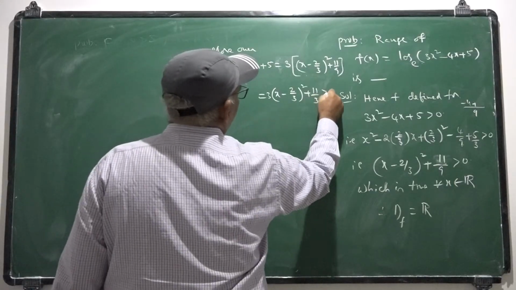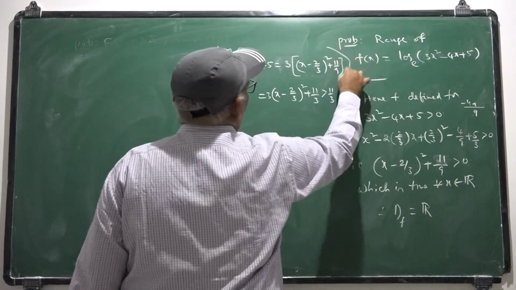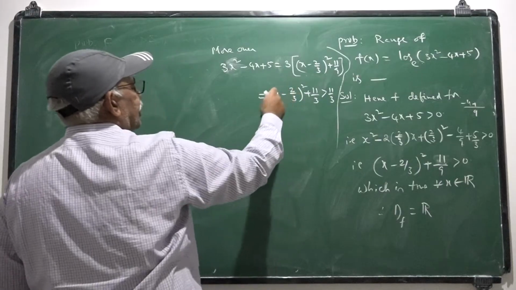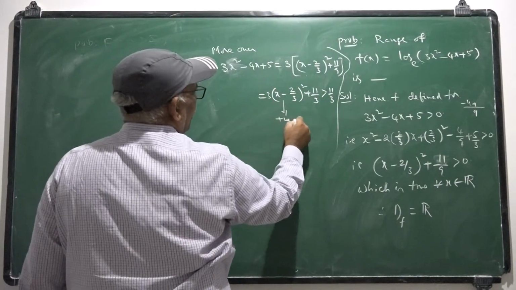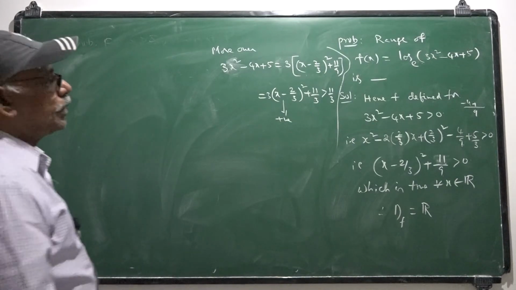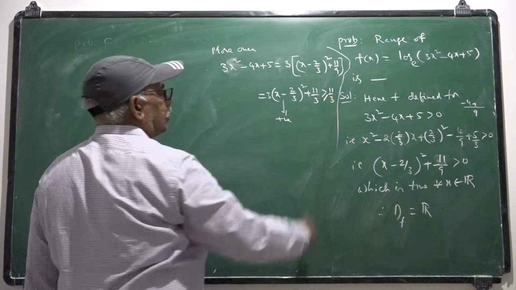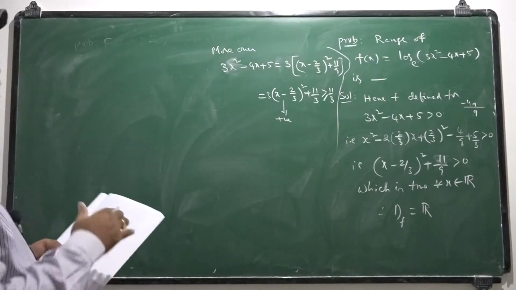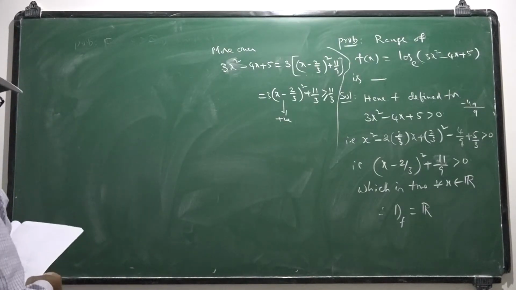Therefore, it is greater than or equal to 11 by 3 for all x. Since this square is positive, we are adding some positive quantity to 11 by 3. Hence, it must be greater than or equal to 11 by 3.